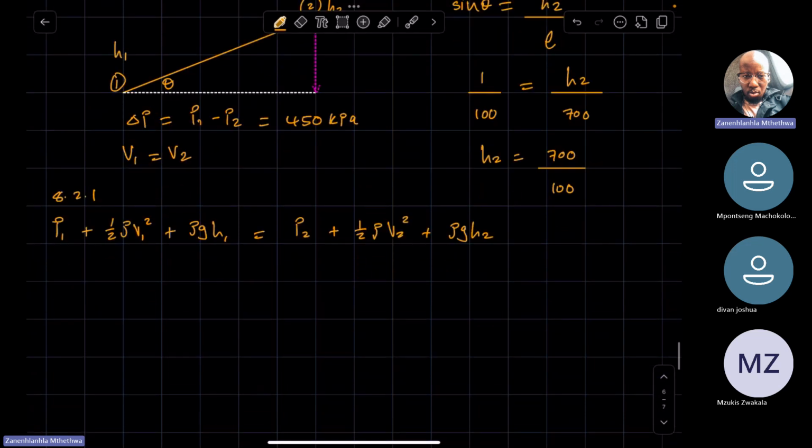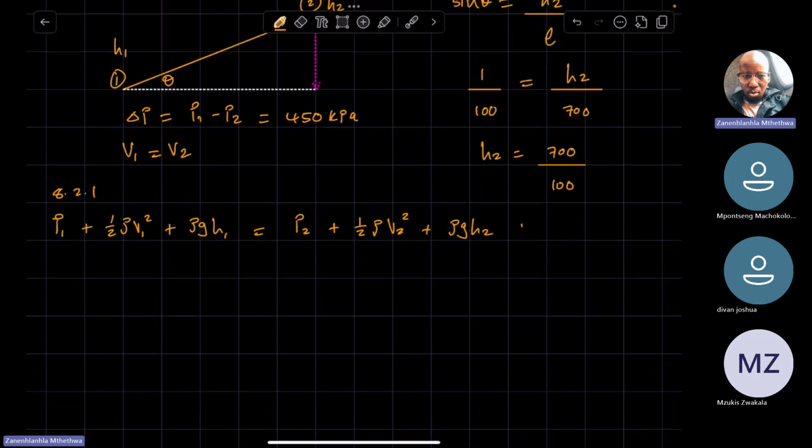Now they want us to calculate the total head loss in the system, which suggests that there are losses in the system. The total losses in the system you can refer to simply as HL. But remember that we are using the energy per unit volume, so the energies that have to do with head have to be expressed in terms of pascals.